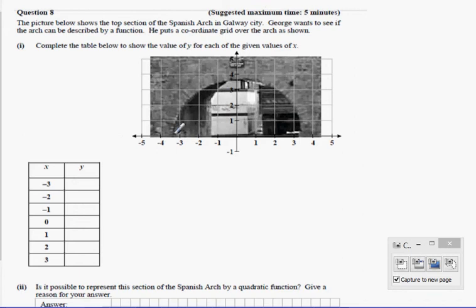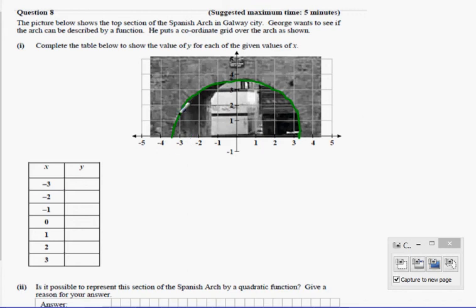Do you see the archway? I'm going to put it in green. Can everybody see that green line? Yeah? That's the archway. So what we do is we go up and we measure.